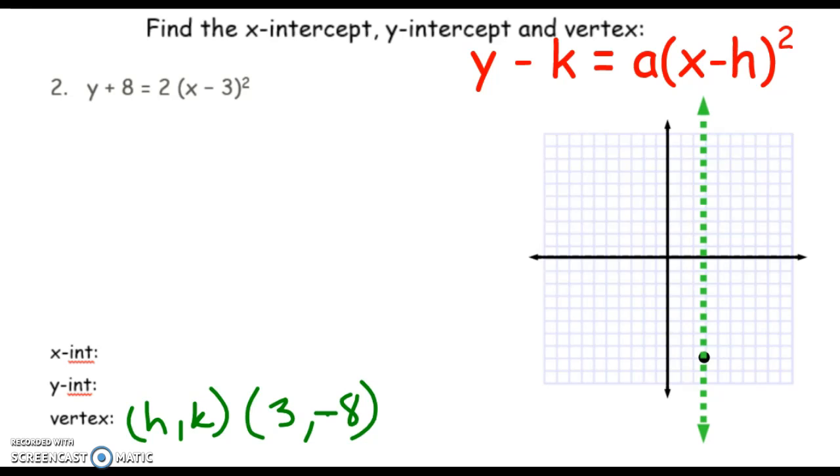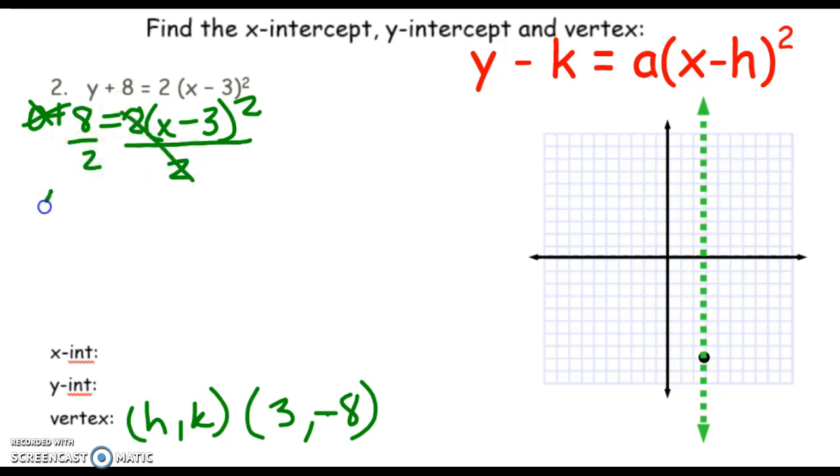So let's do y this time first. If I plug in 0 for y, that's 0 plus 8 equals 2 times x minus 3 quantity squared. So my 0 goes away. I can divide everything by 2, which means those 2's cancel. So I now have 4 equals x minus 3 quantity squared.